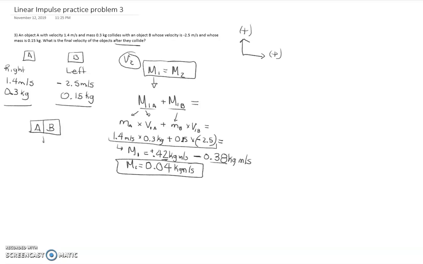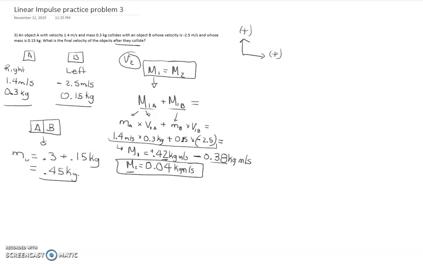So what are we going to do with the mass of the unit? The mass of the unit is going to be equal to 0.3 plus 0.15 kilos. That comes to 0.45 kilos.